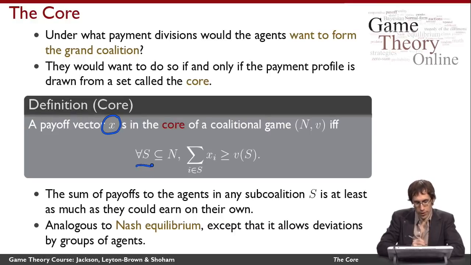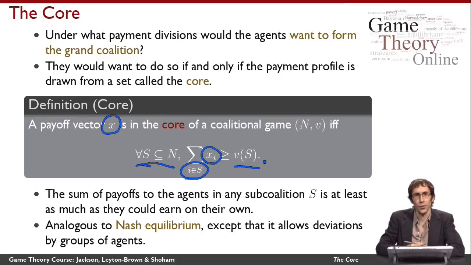For every coalition that could form, which is a subset of or equal to the Grand Coalition, it's the case that if we sum across all of the agents in that subset the amount of payoff that the payoff vector gives to each of those agents i in the subset, that sum is at least as much as the value that the agents would have gotten as a coalition if they had deviated and instead formed that subset S.